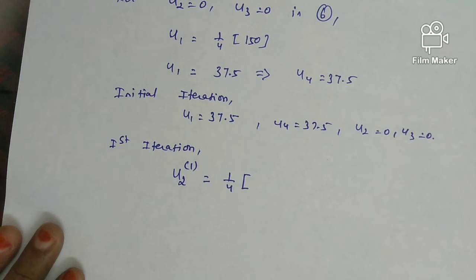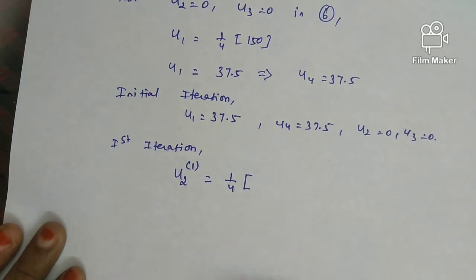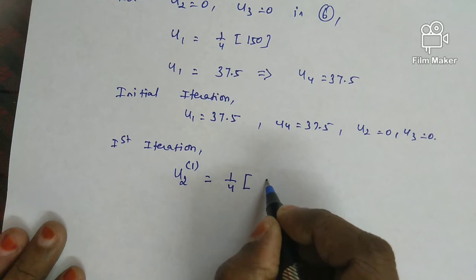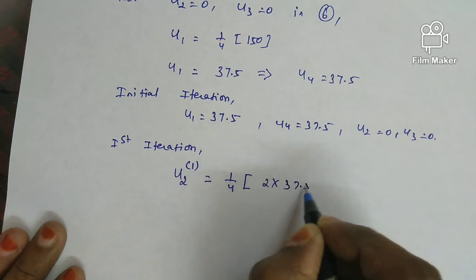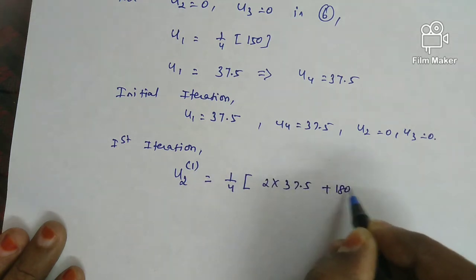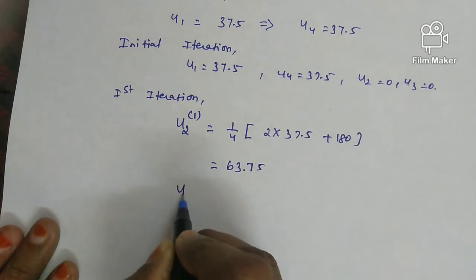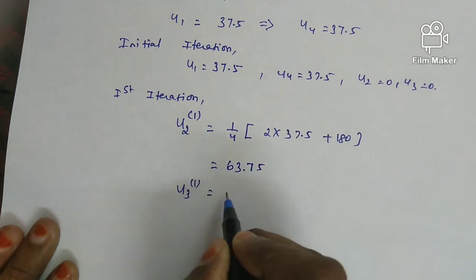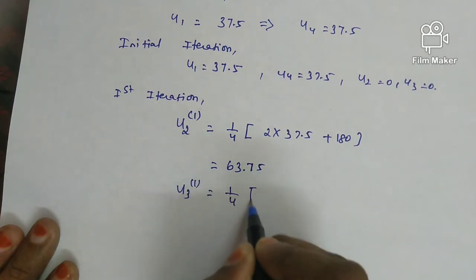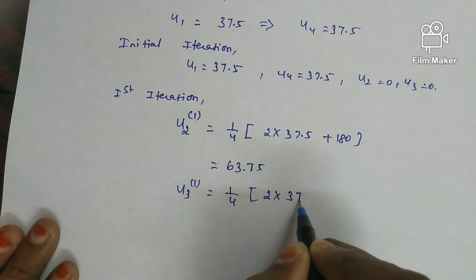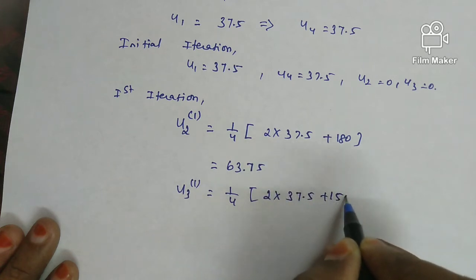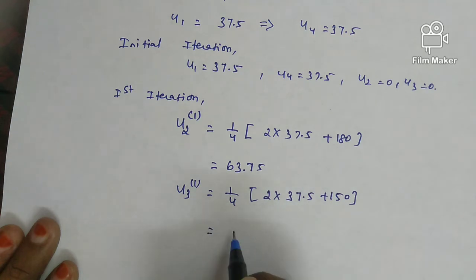So u2 of 1 is equal to 1 by 4 into (2 into 37.5 plus 180). Using a calculator, we get the answer as 63.75. Then u3 of 1 is equal to 1 by 4 into (2 into 37.5 plus 150). Again using a calculator, we get u3 of 1 equal to 48.75.